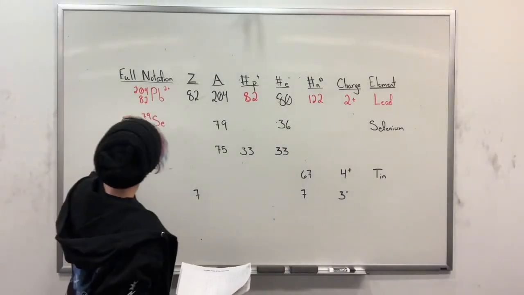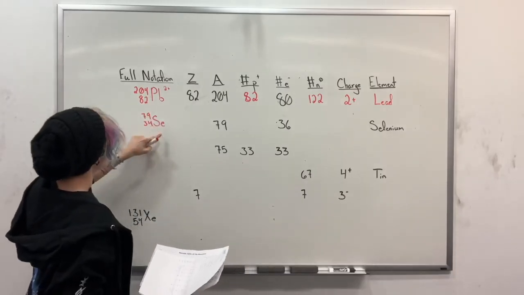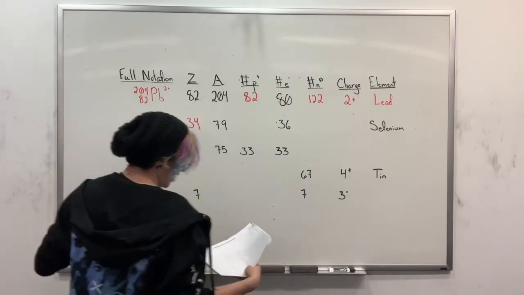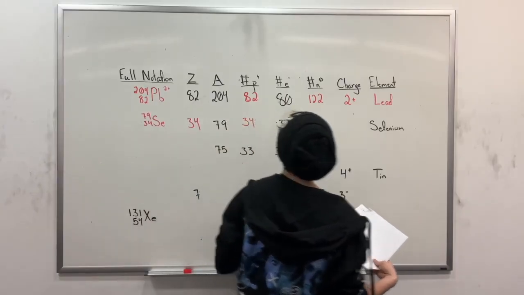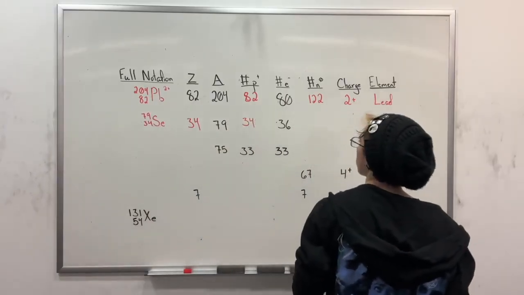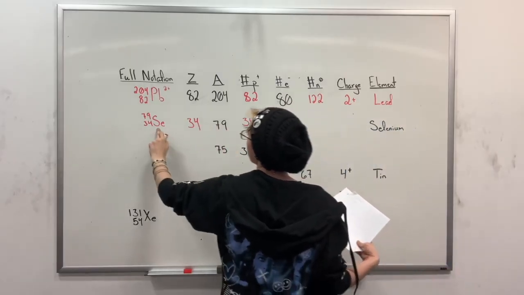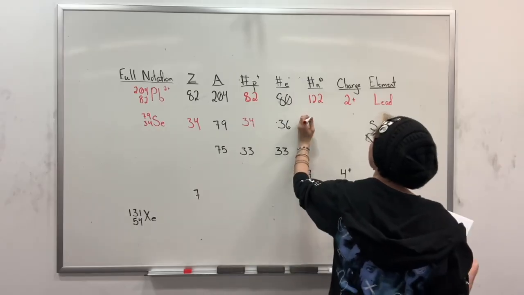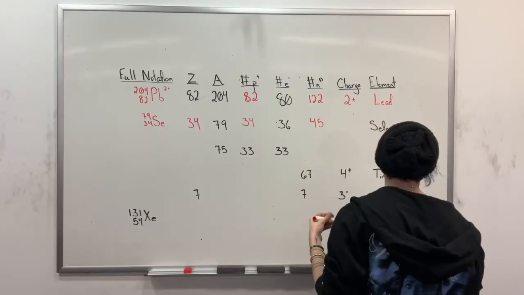Selenium is element 34 on the periodic table, which means we know our Z value, and that means we know our number of protons. And now neutrons, 79 minus 34, we are going to have 45 neutrons in this specific isotope of selenium.